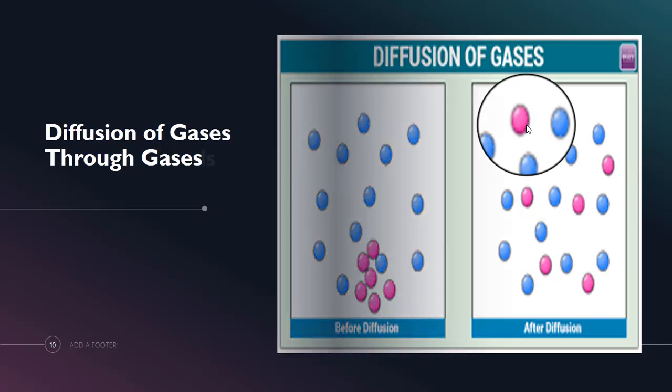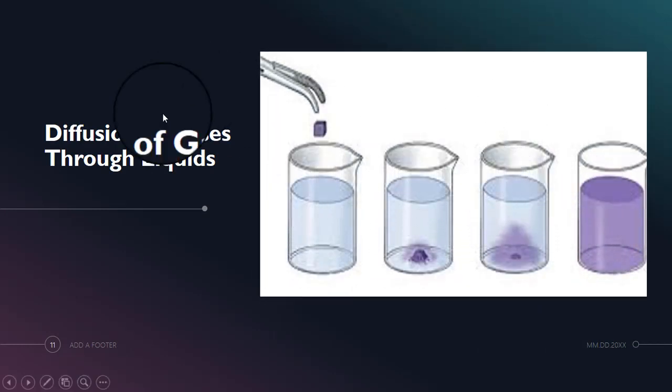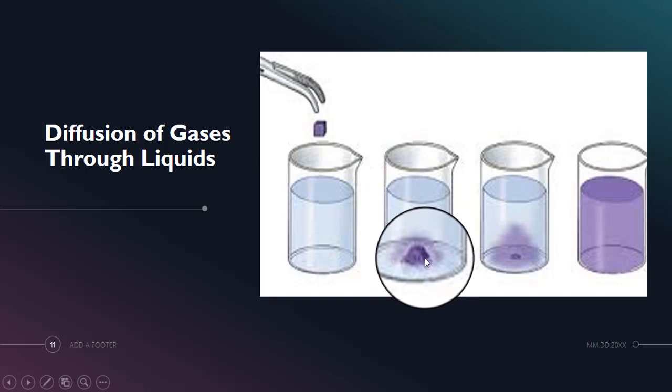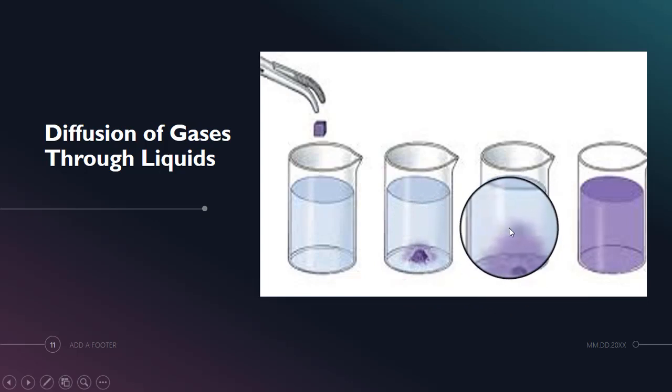Now, diffusion of gases through liquids. So let's talk about it. When gases are diffusing through liquids, for example across the alveolar membrane of the lungs and into capillary blood, the solubility of the gases is important.